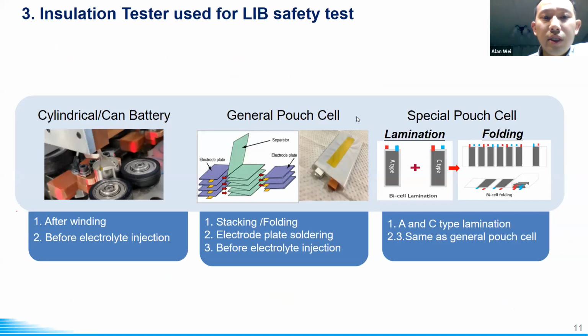So we also suggest where you use this kind of test in the battery production line. There are several types of battery cell, including can battery, pouch cell, and special pouch cell. We have a chart over here.